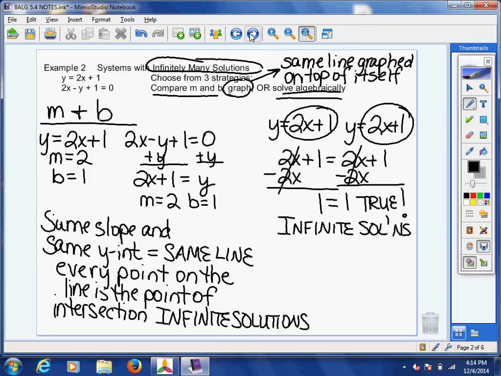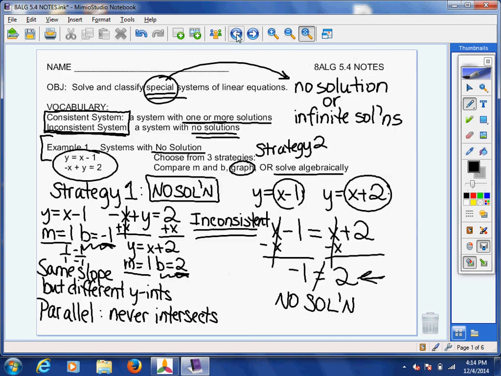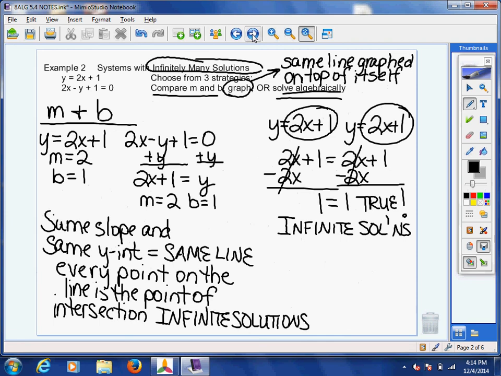Now let's flip to page 2. I have infinite solutions. If you remember from page 1, a consistent system has 1 or more solutions. When you have infinite solutions, that's the 'or more' part.